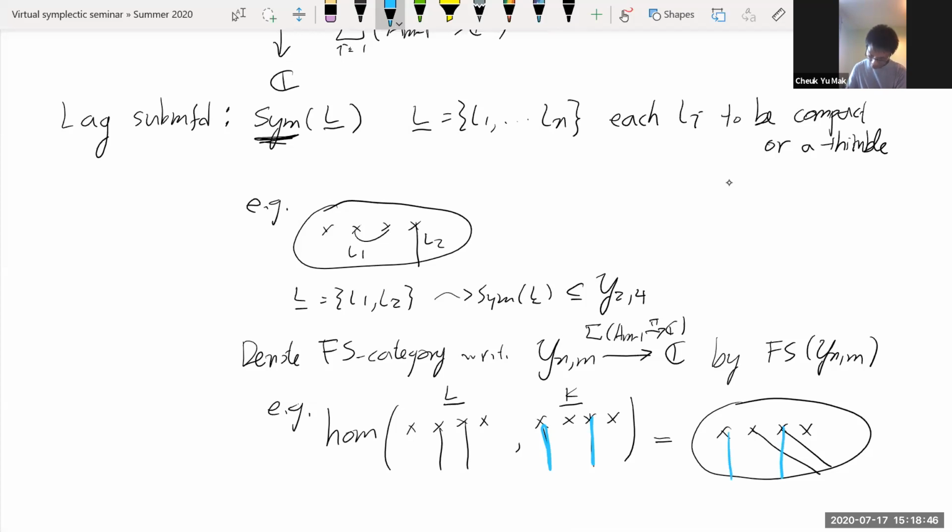This is K. So after taking Sym, you will see that this picture means that they don't have intersection. So in particular, the Hom space is 0.